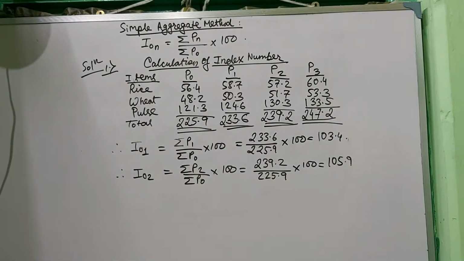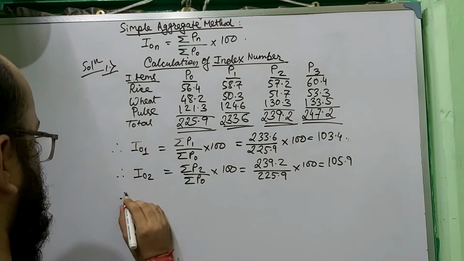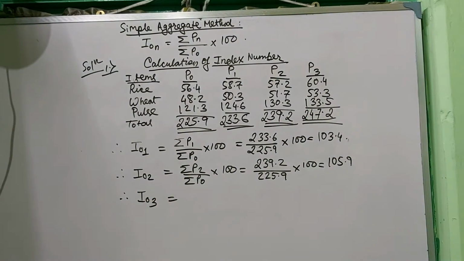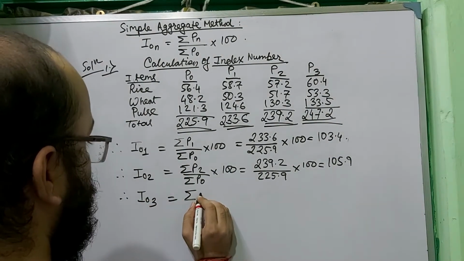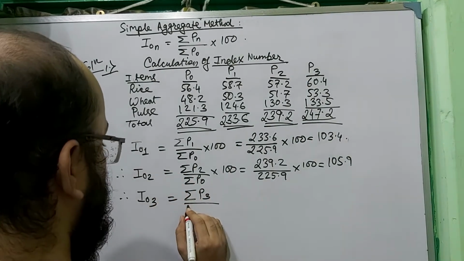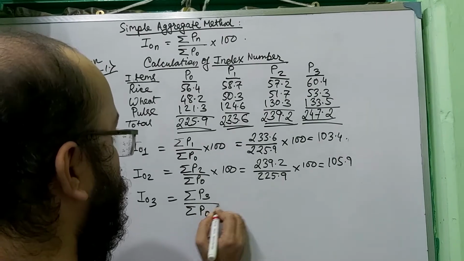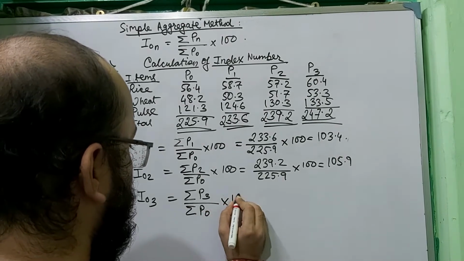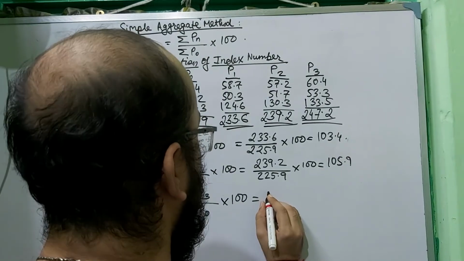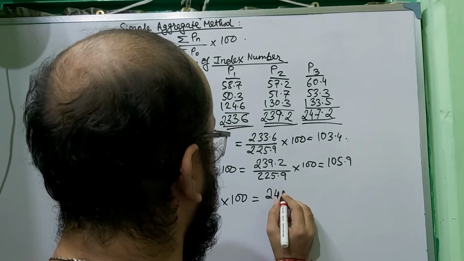And the same for I03. I am considering the base year the same, but it changes with the current year. If I take 1981, then the price index number will be 103.4. If I take 1982, then it will be 105.9.